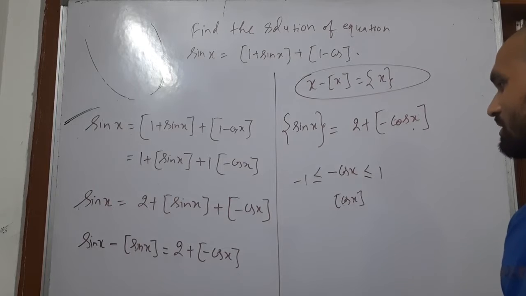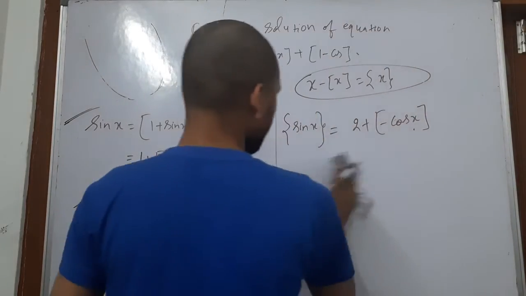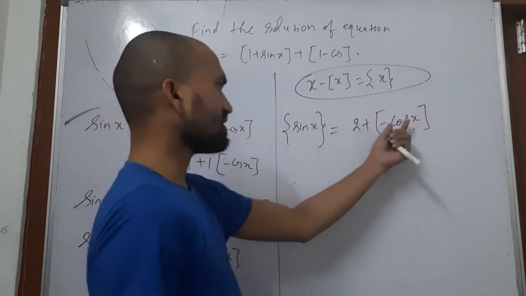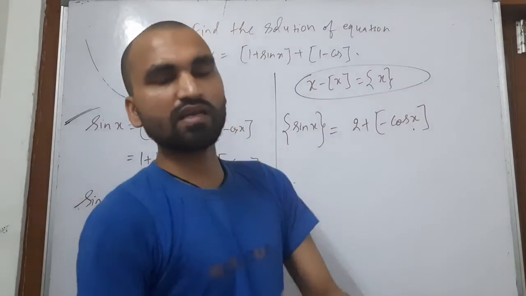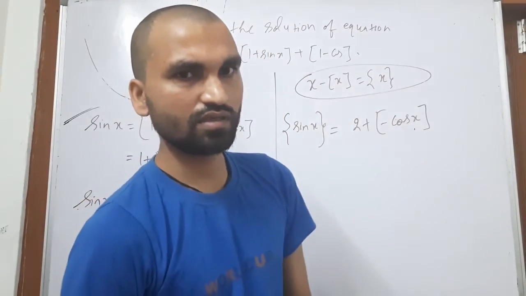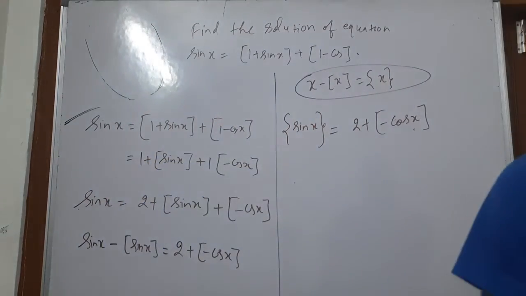So what will be its greatest integer? We can say that the greatest integer of minus cos x may be plus 1 or minus 1.